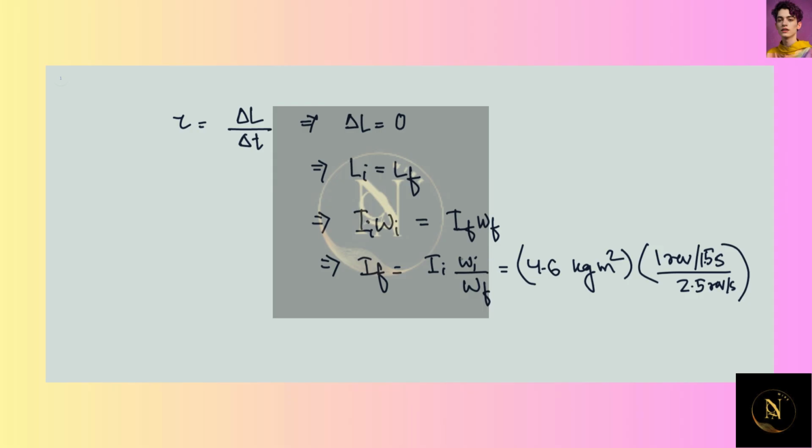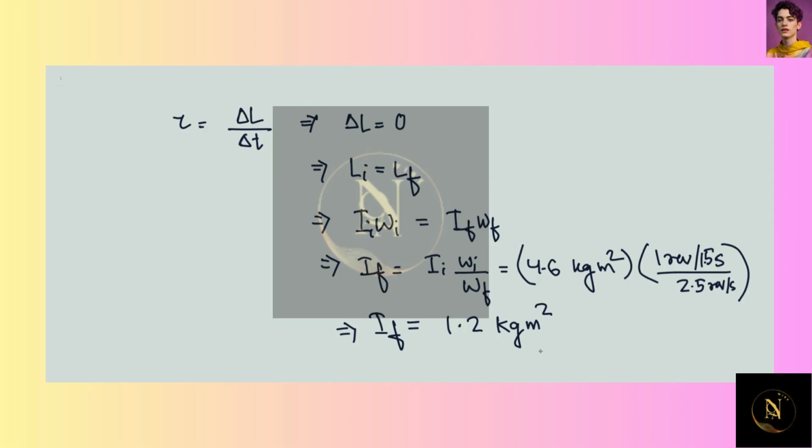Since we have a ratio of the angular velocities over here, we don't need to convert omega into units of radians per second, since ultimately these revolutions, the units, cancel out. So we solve it now, and we get If to be 1.2 kg meter square.